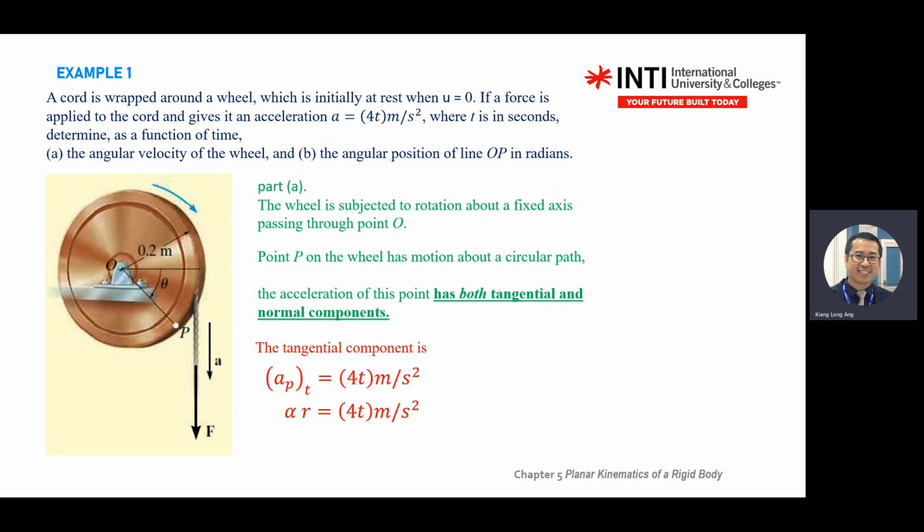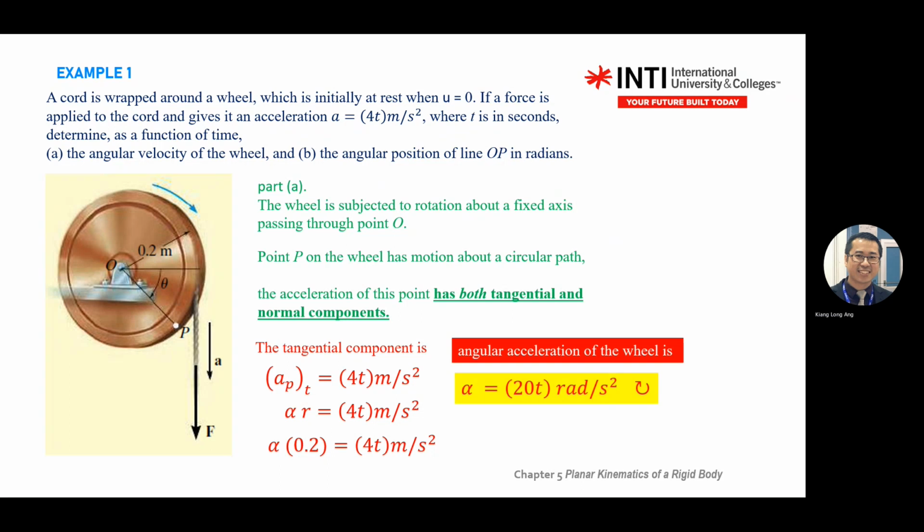So on the left-hand side, you change the normal acceleration in tangent into angular dimension. R was given as 0.2. You substitute inside, and you get your alpha. Alpha equals 20t radian per second squared, anticlockwise, positive.